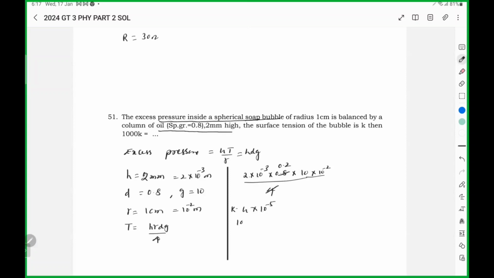If you take g as 9.8, you may get 10 power minus 3 and so on. So 0.04.